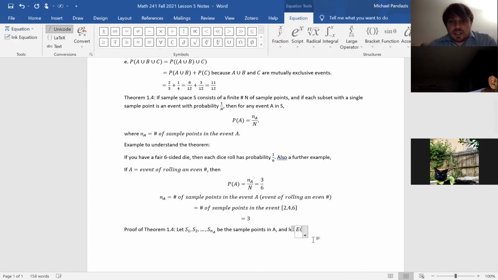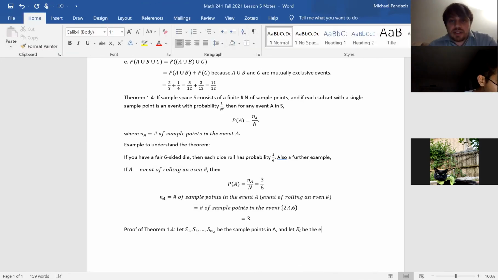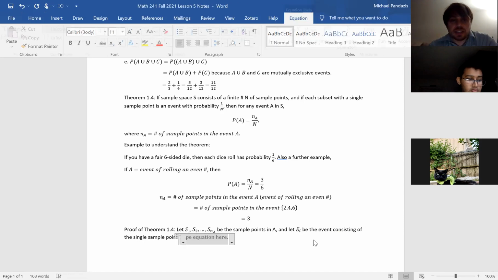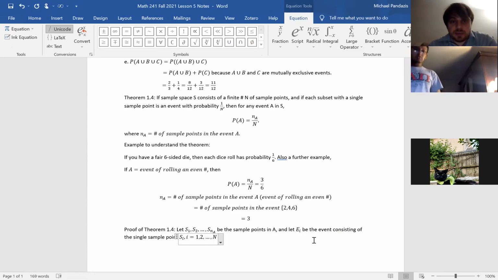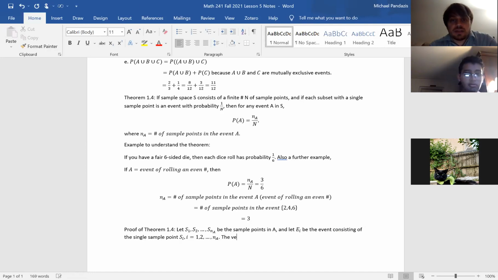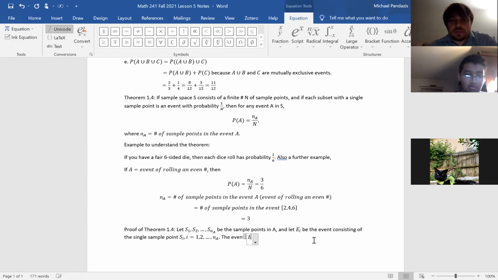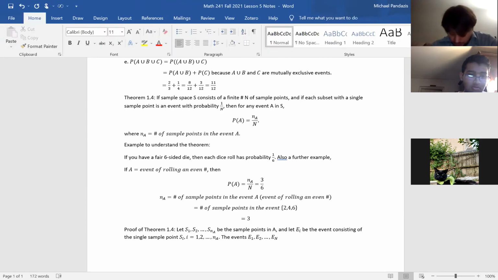And let E sub i be the event consisting of the single sample point S sub i, for i equals 1, 2, up to including n sub A. The events E1, E2, up to including E sub n sub A are clearly mutually exclusive.